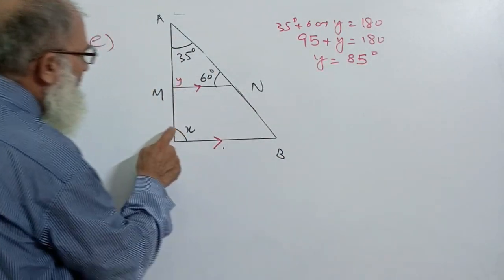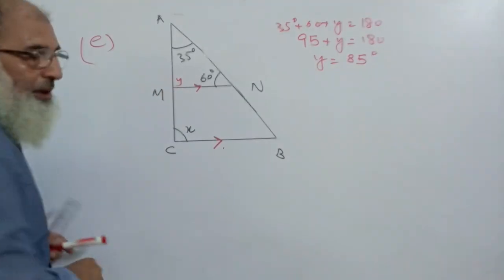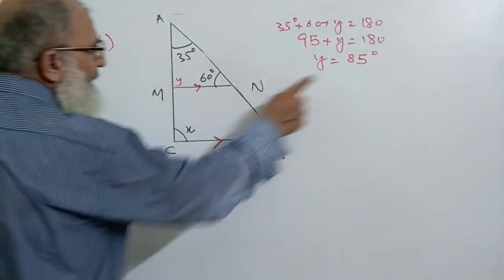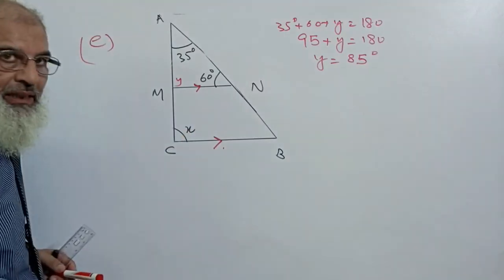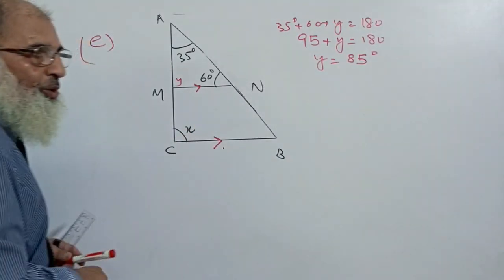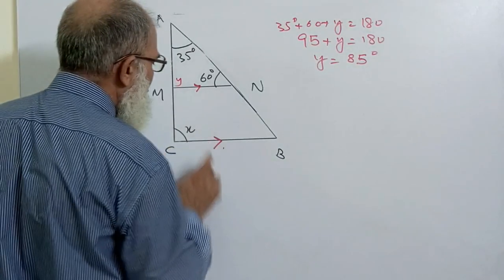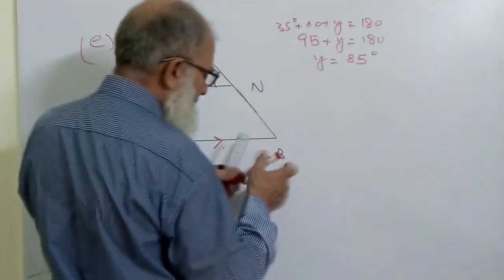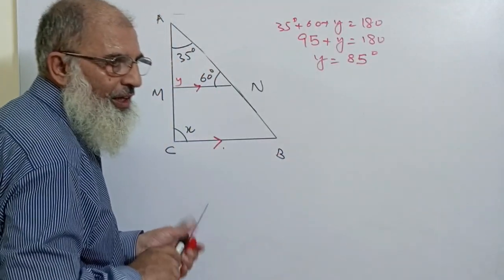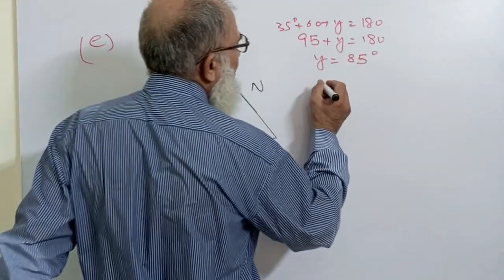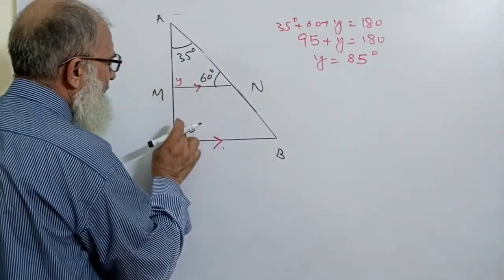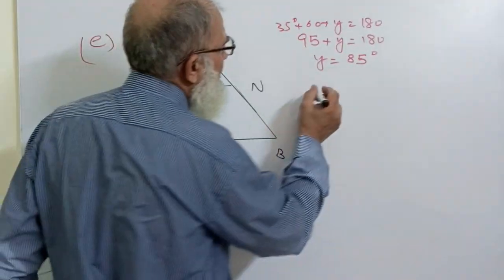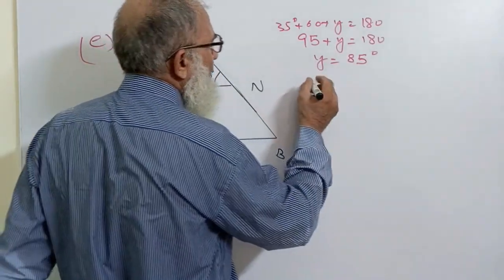So when y is equal to 85 degree, then this x will automatically be equal to 85 degree, because these are F angles on parallel lines.